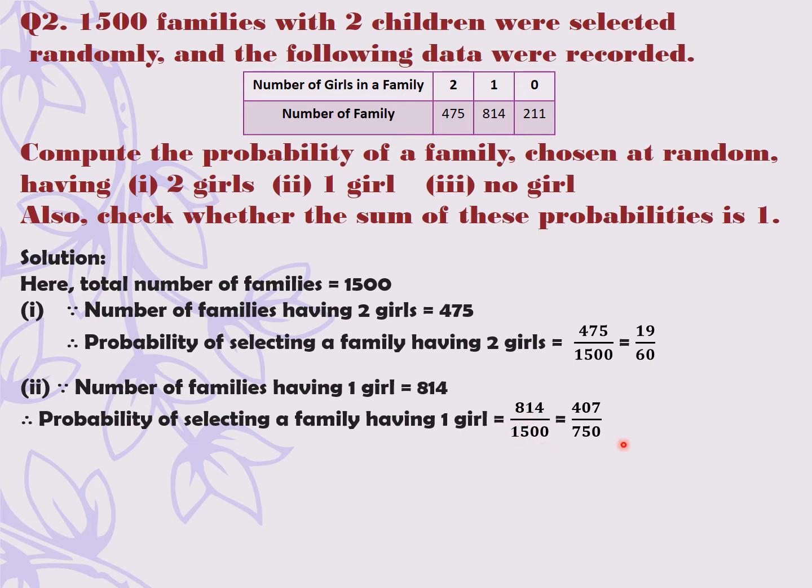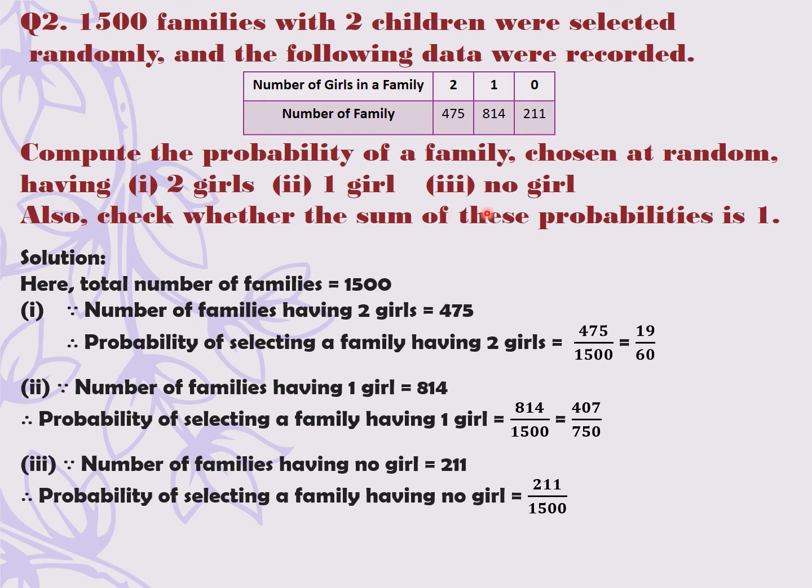Hence, the probability is 407 by 750. Number 3, the probability of a family having no girl, or 0 girls. The number of families with no girl is 211, and hence the probability would be 211 by 1500.